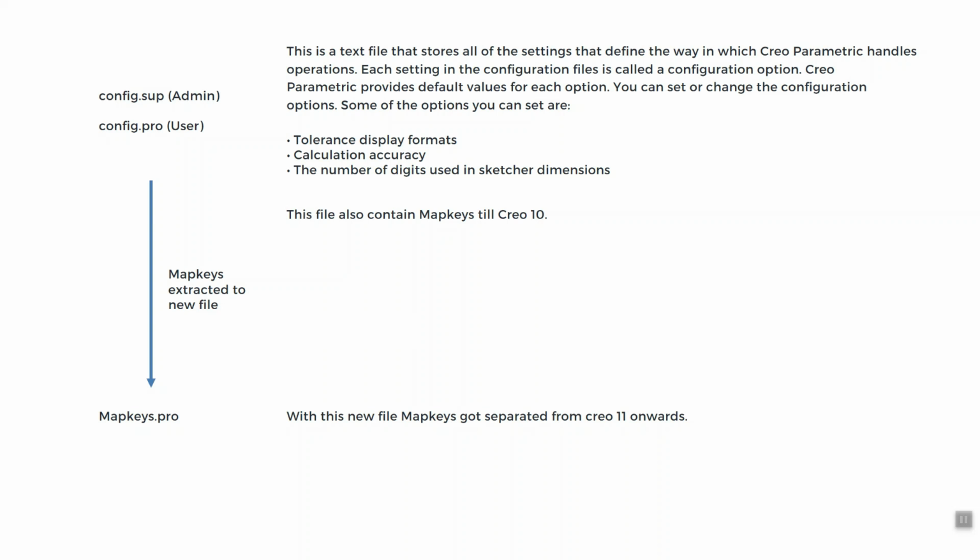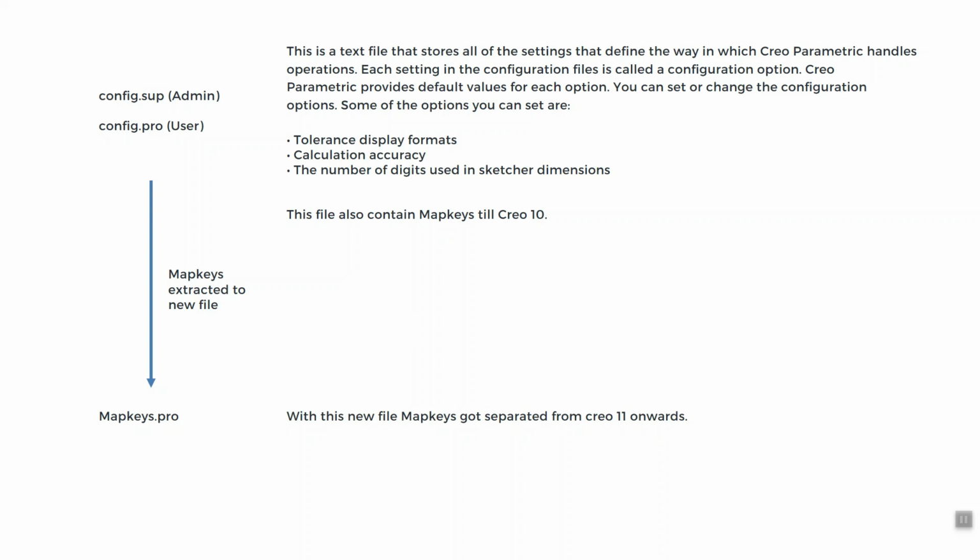You can create and add those config options at your level in the run directory. Or this config.pro is by default picked up at user level from the document folder, and you can also keep your level of config.pro in your Creo run directory. We will see those in the actual scenario in Creo. I will show you that.